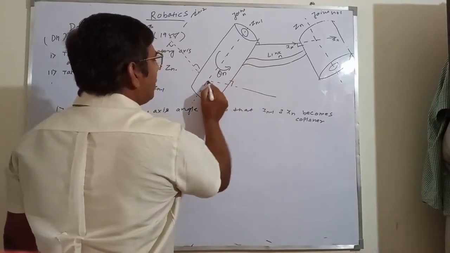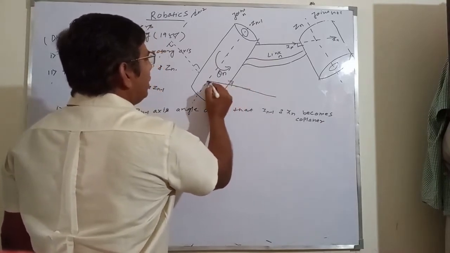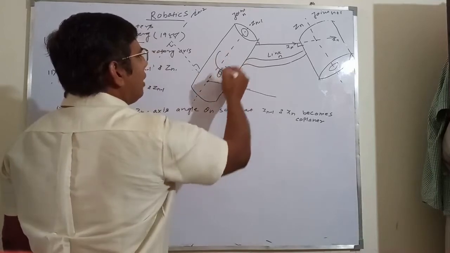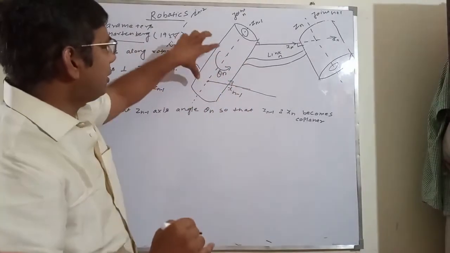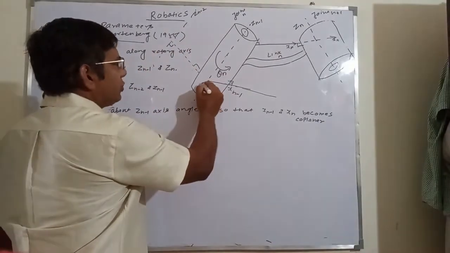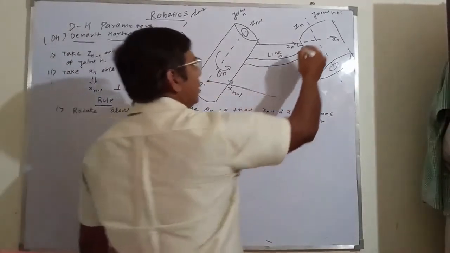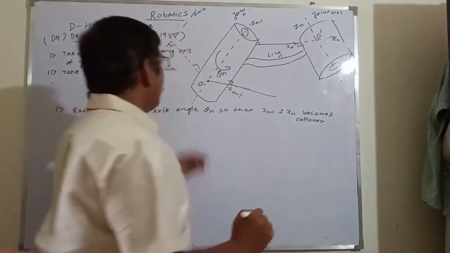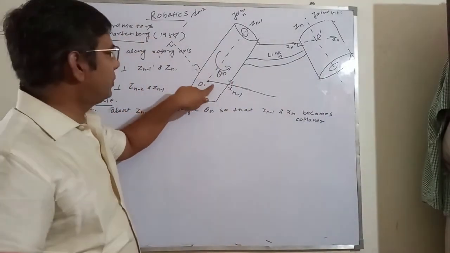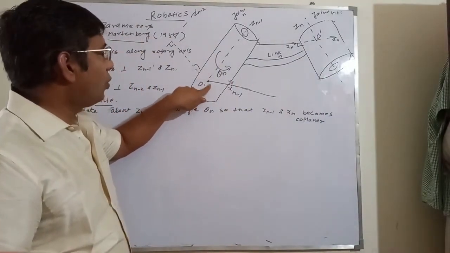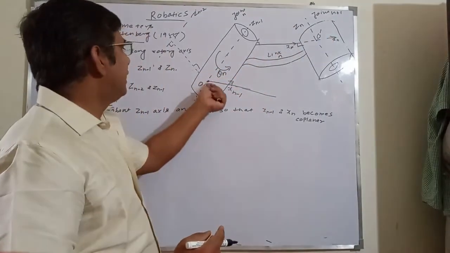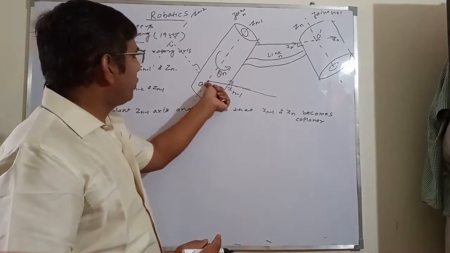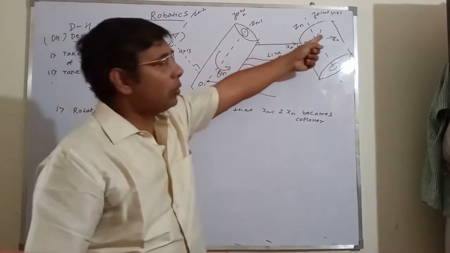So what we have done here, also we have taken a coordinate system xn minus 1. Suppose this is O and this is O dash. We have to take this reference frame from O to O dash. So our basic idea is transforming this O to O dash.